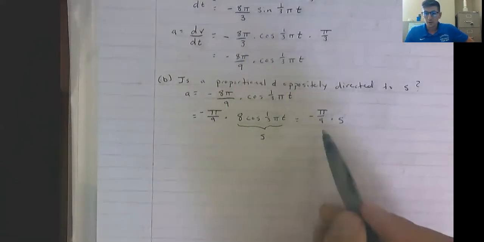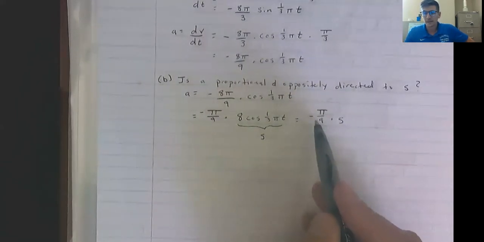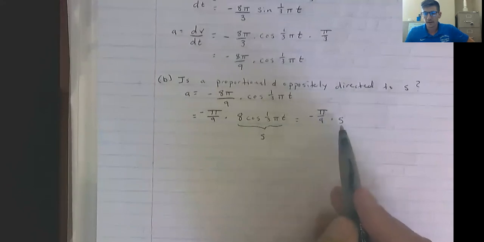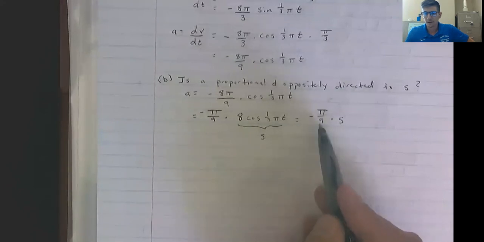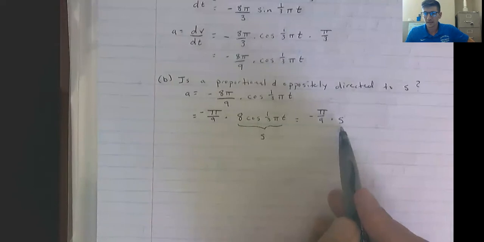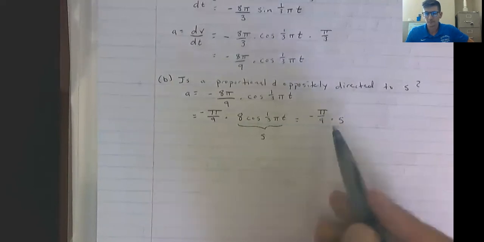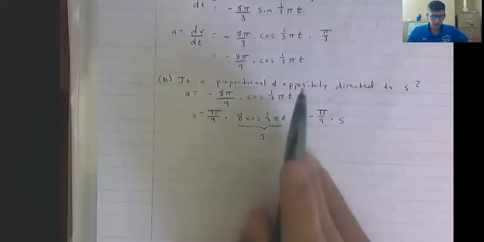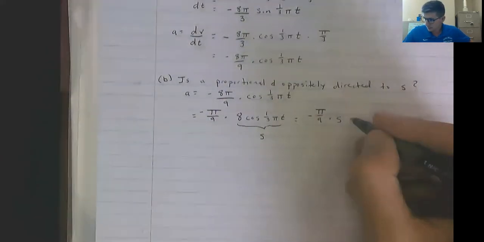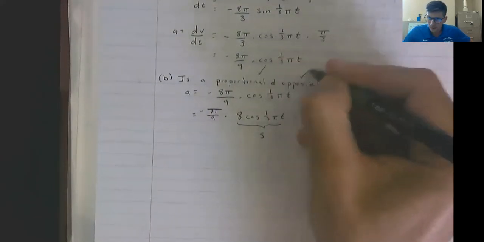This is proportional, and this negative sign ensures that if S is positive, our acceleration is negative. If S is negative, our acceleration is positive. Okay, so they are both proportional and oppositely directed. Check, check.